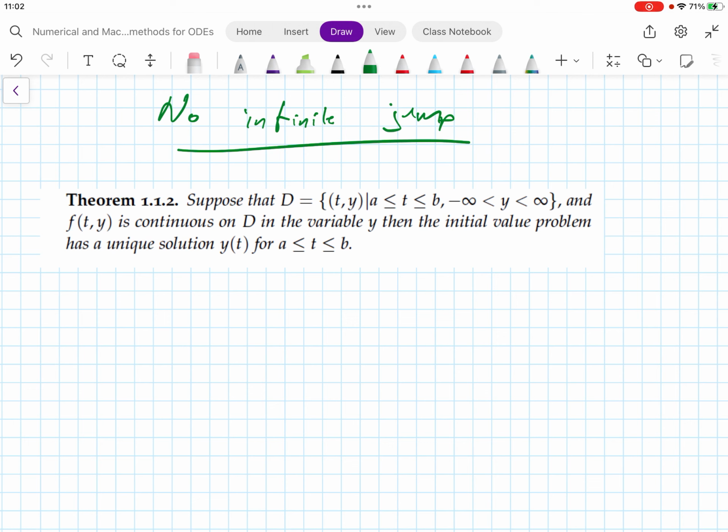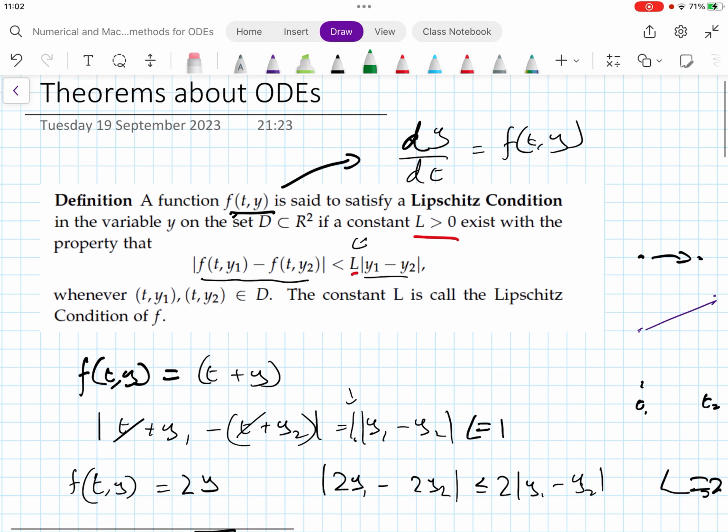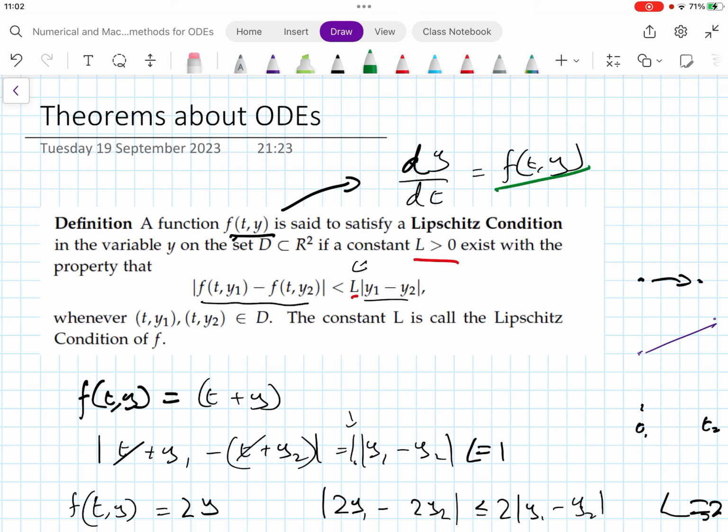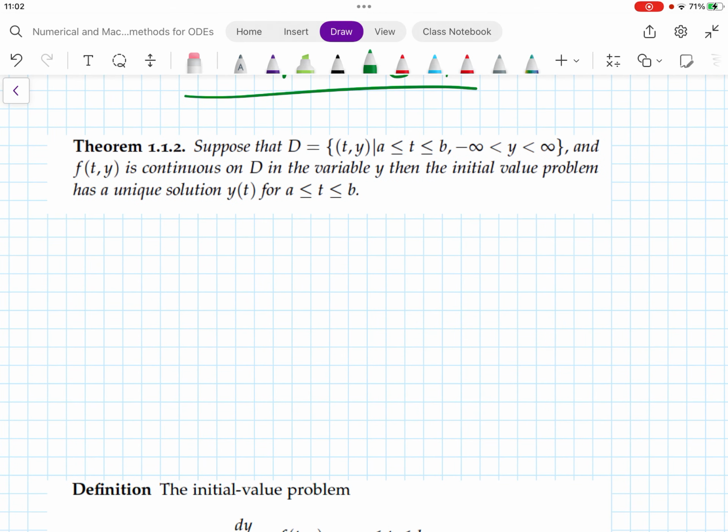This then leads to, suppose, now, throughout this, we're talking about f. But f is also talking about the derivative of y, and therefore it's saying that the derivative of y is not quite continuous, but observes that it doesn't go to infinity. So the theorem supposes that on a domain D, which is between a and b and minus infinity and plus infinity, so it's a very big domain, if the partial derivative of f with respect to y is continuous on D in the variable y, then the initial value problem has a unique solution.